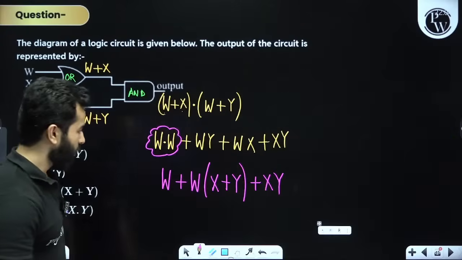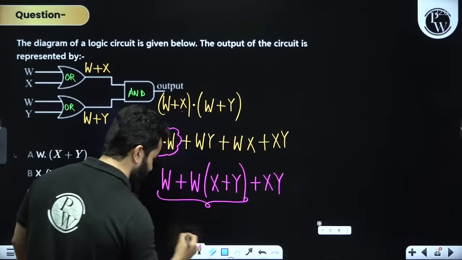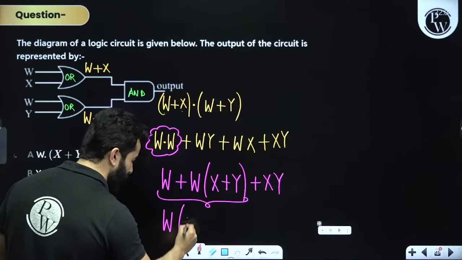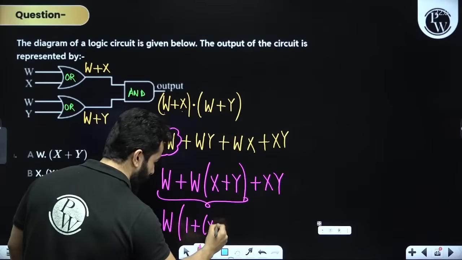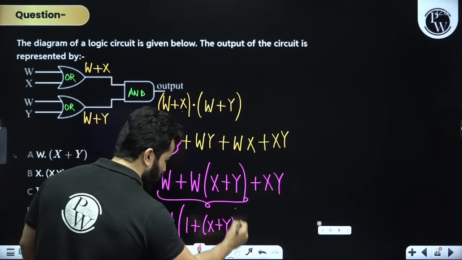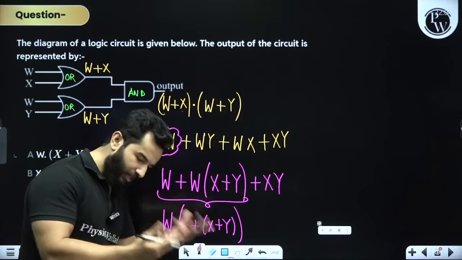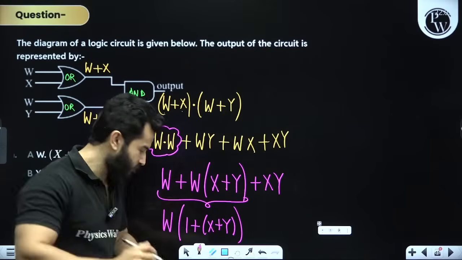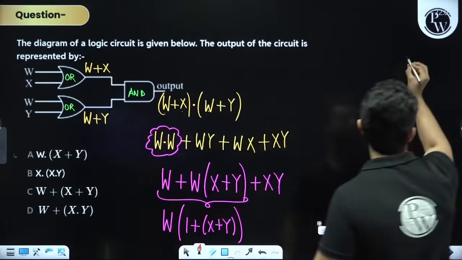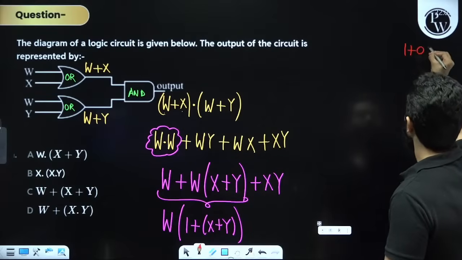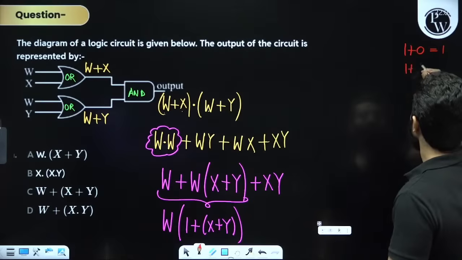Kindly see here now. From this I am taking W as common. So I will get 1 plus X plus Y. Friends, if you add 1 with any logic, the answer will be 1. Because 1 plus 0 is 1, and 1 plus 1 is 1.